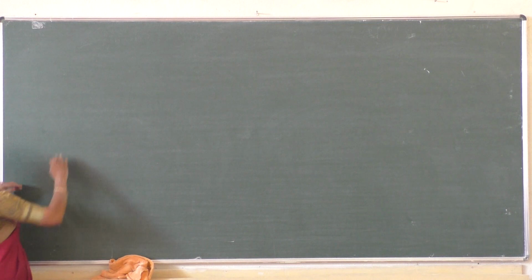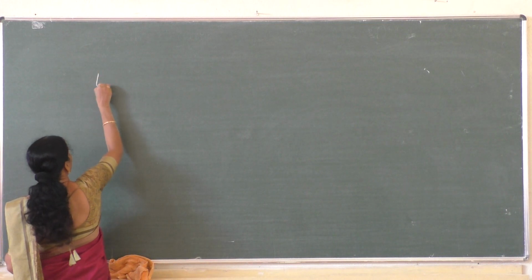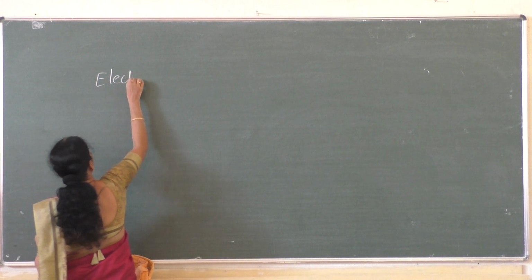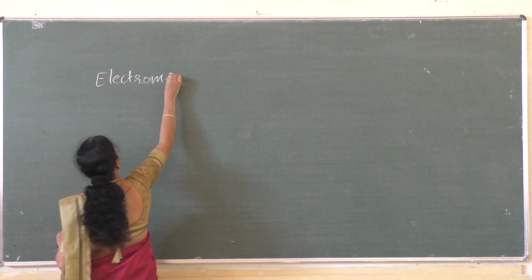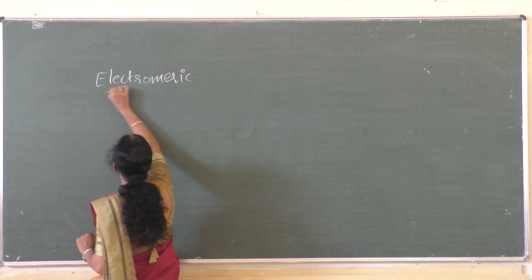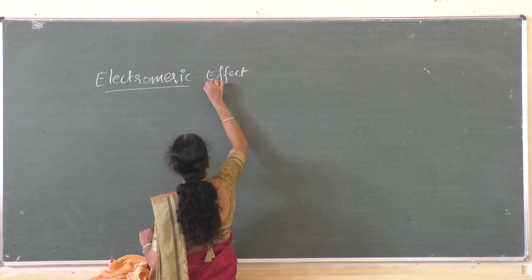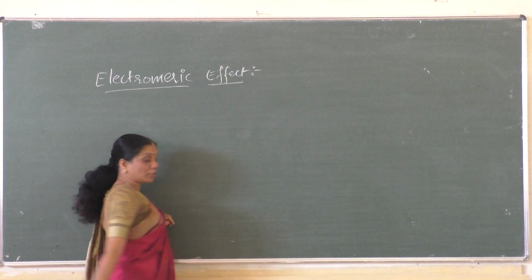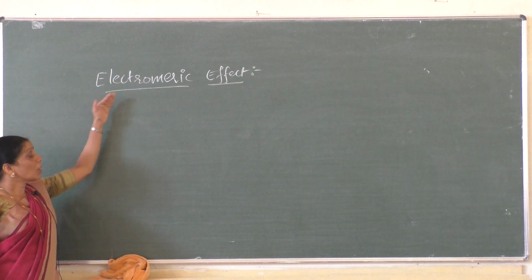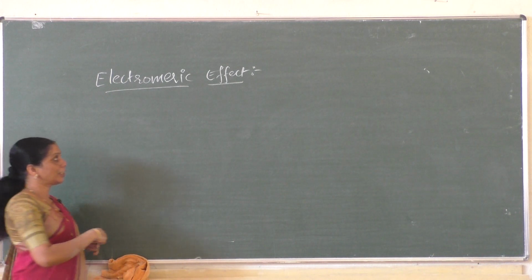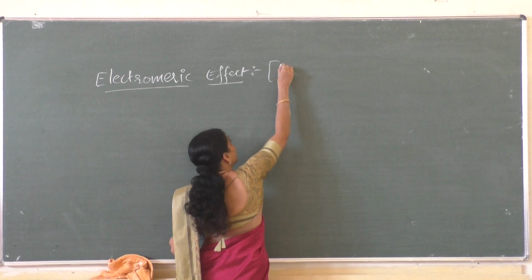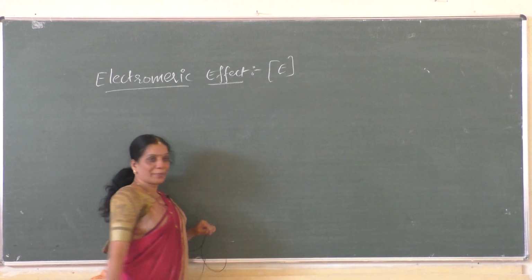Now let us study another type of electron displacement, that is called an electromeric effect. Electromeric effect. Now what is this electromeric effect? Denoted by writing capital E. Electromeric effect can be denoted by writing what?